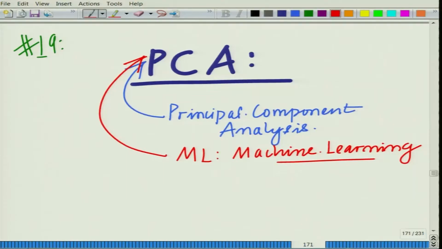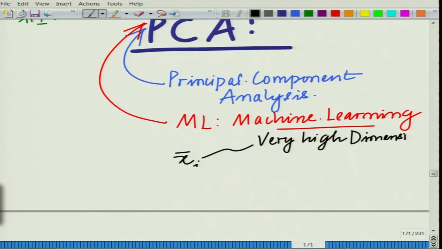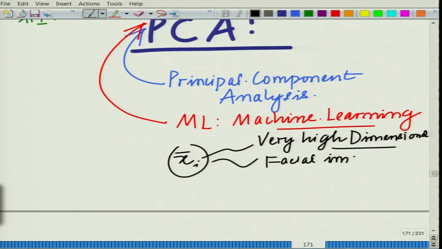And what this is roughly, essentially, when you have the data vectors x bar I, which are very high dimensional, for example, one can think of facial images, right. So, let us say you have facial images which are, for instance, a typical image of size 256 cross 256 pixels.